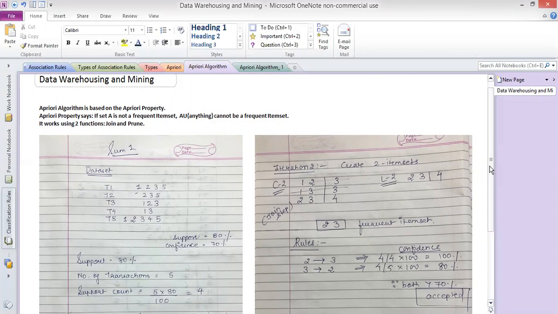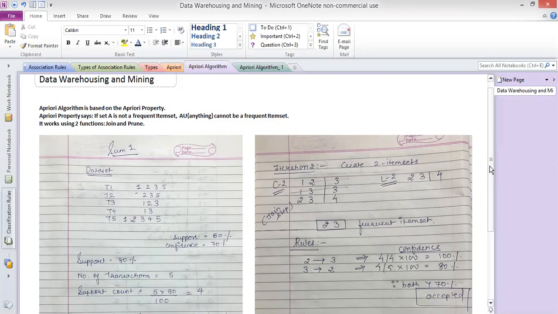So for example, if I say that bread and butter are not my frequently purchased items, I definitely will not be able to say that bread, butter and cream are frequently purchased items, because bread and butter in the first place themselves are not frequently purchased. And we are not talking about an item, we are talking about an item set, which is a combination of items.